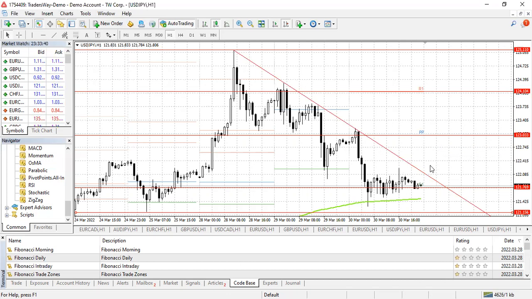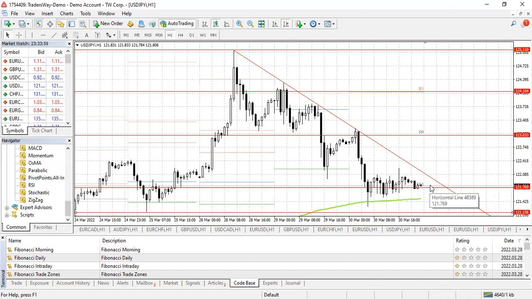It's a breakout of this particular trend line, and my moving average is below the market, which indicates buy. And my pivot point as well, I've reached the last. This is my S1.